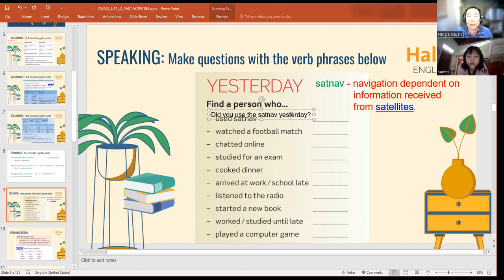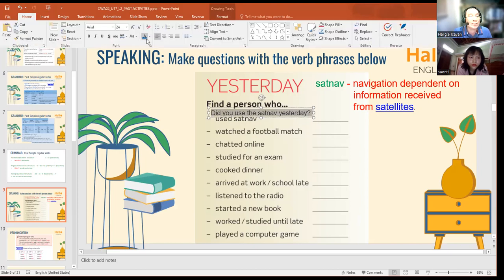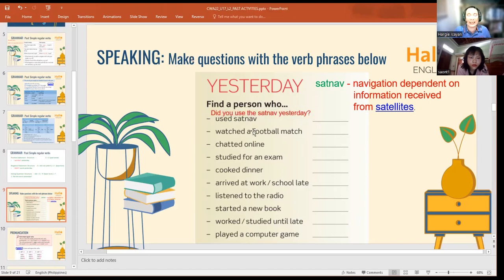It is the same as Google Maps. So this is how you ask a question about this. Instead of using the past tense, we just use the base form of the verb, because you are asking a question.